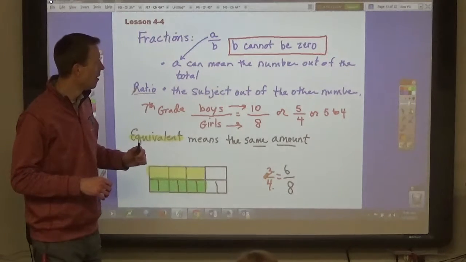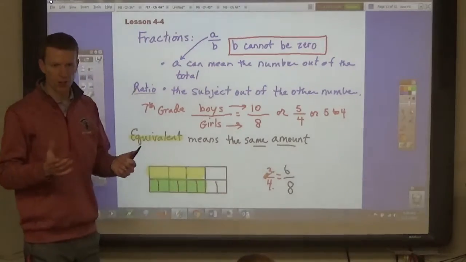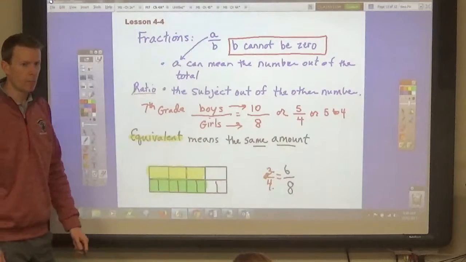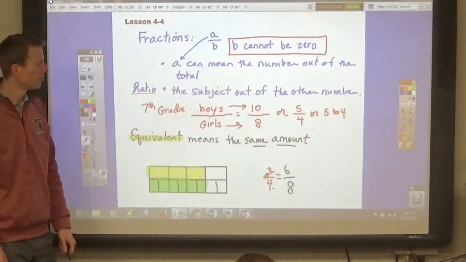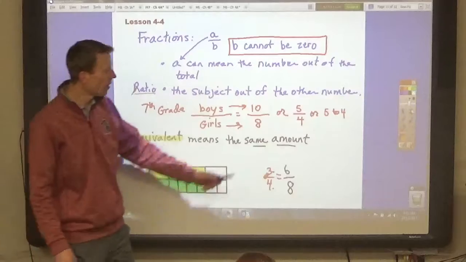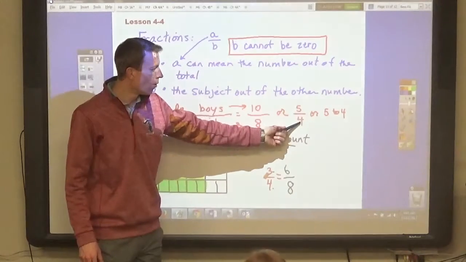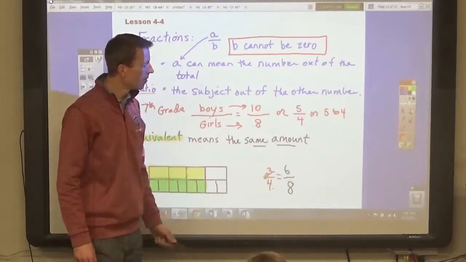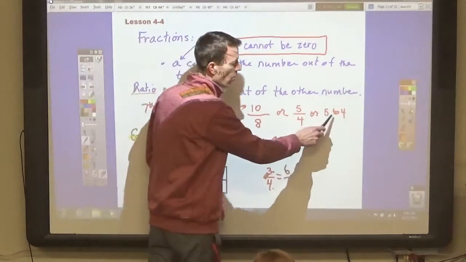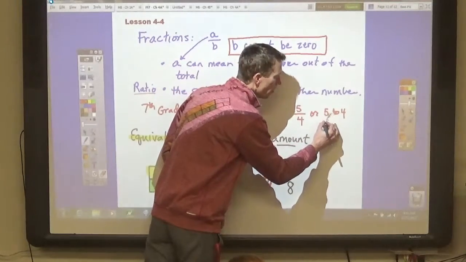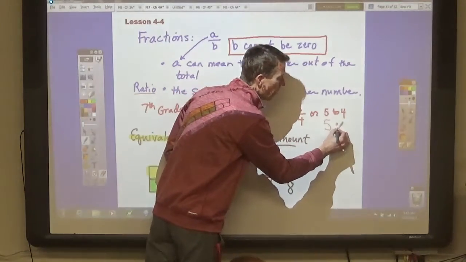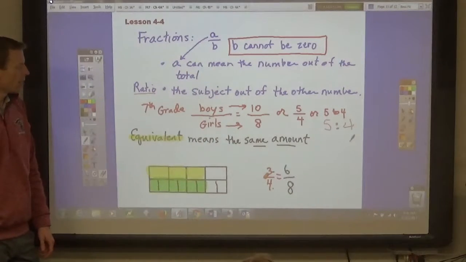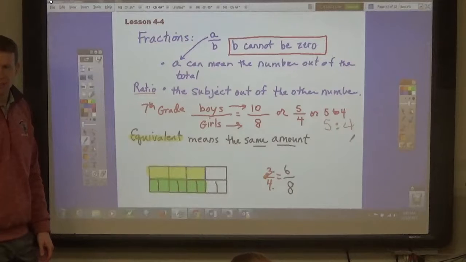And we could say that the ratio of boys to girls in class is 10 to 8, if there are 10 boys and 8 girls. And then you can reduce that to 4 to 5. You can write it as 4 to 5, or you can write it as 4 with a colon 5. 4 to 5, like that.